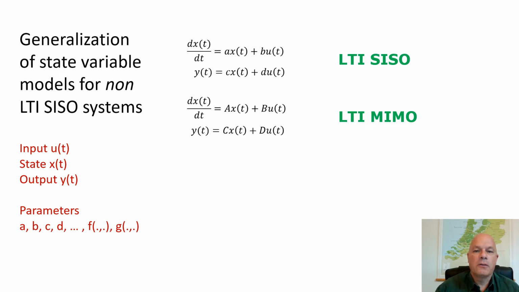One form of generalization is that we can make both inputs and outputs vectors. We can have multiple drug infusions, we can have multiple drug effects, and then we get a formulation that looks very much like the previous one, except that now A, B, C, D have become uppercase A, B, C, D, meaning that they're matrices.